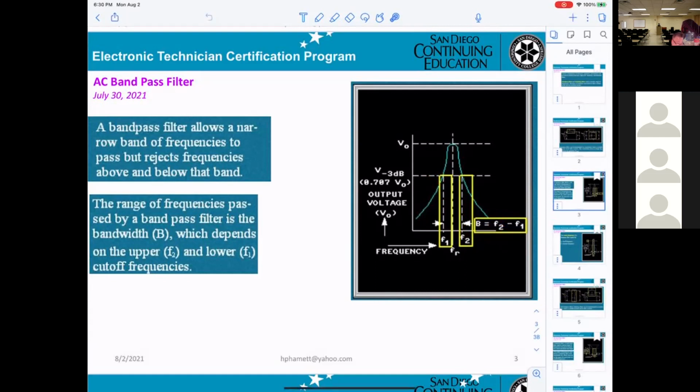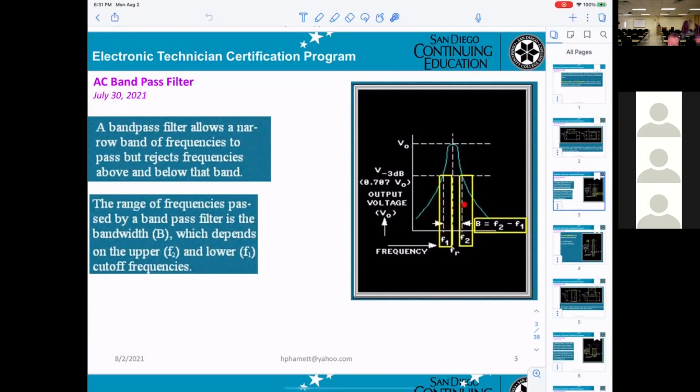A band pass filter allows a narrow band of frequencies to pass, but it rejects frequencies above and below that band. That is only telling you any signal between F1 and F2 can be passed. Outside F1 here or F2 here, they will be attenuated or rejected. So the pass band will be from F1 to F2.